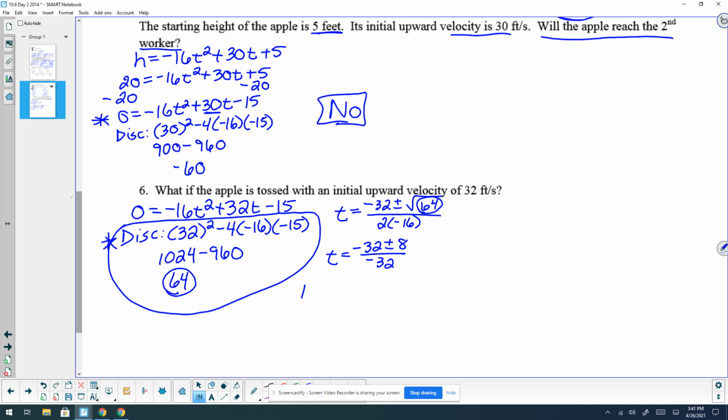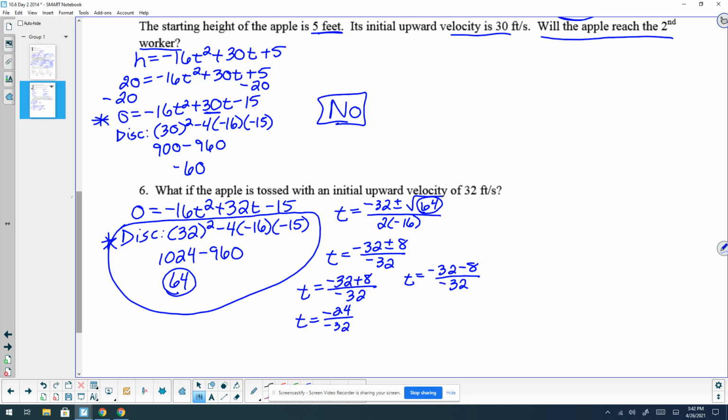I would need to split it, so t equals negative 32 plus 8 over negative 32, and t equals negative 32 minus 8 over negative 32. So negative 32 plus 8 is negative 24. T equals negative 24 over negative 32.